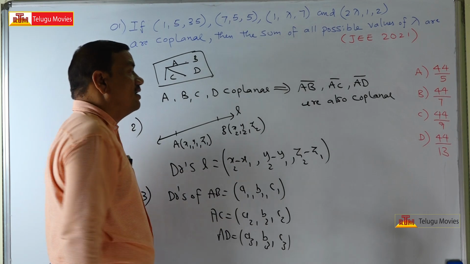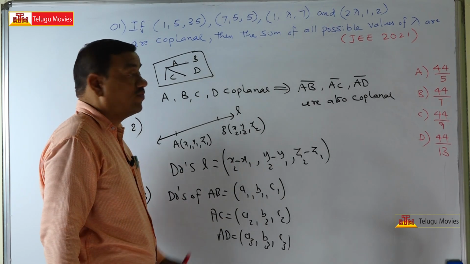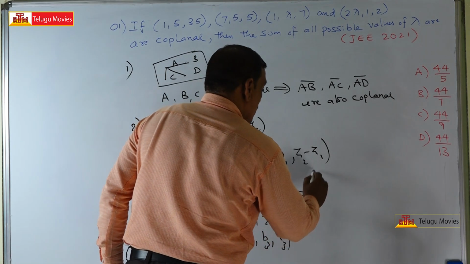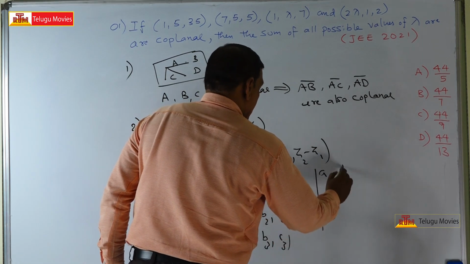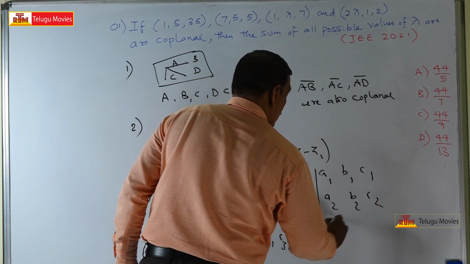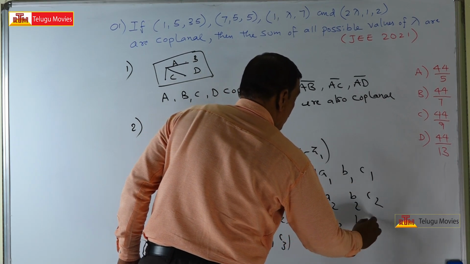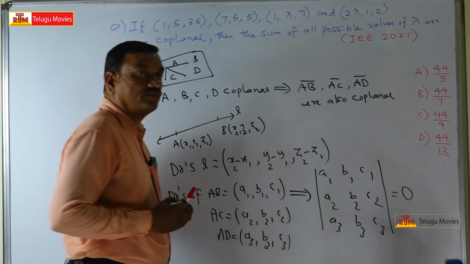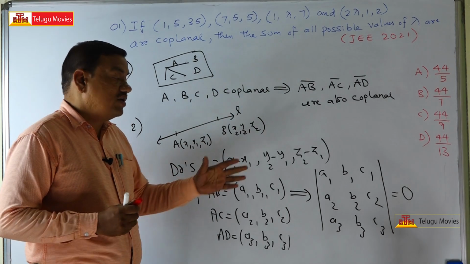Already we said that AB, AC, AD are coplanar. Of course, when A, B, C, D are coplanar, we have the concept that the determinant of a1, b1, c1, a2, b2, c2, a3, b3, c3 is equal to 0.